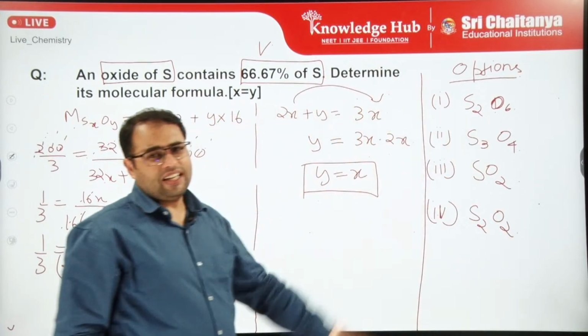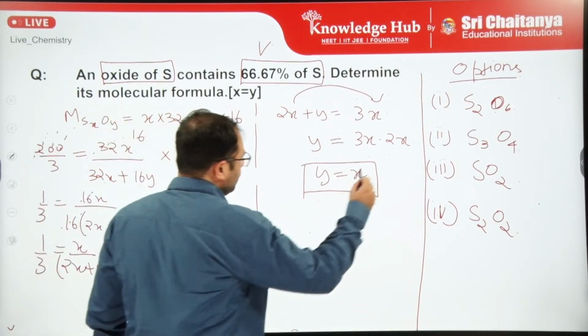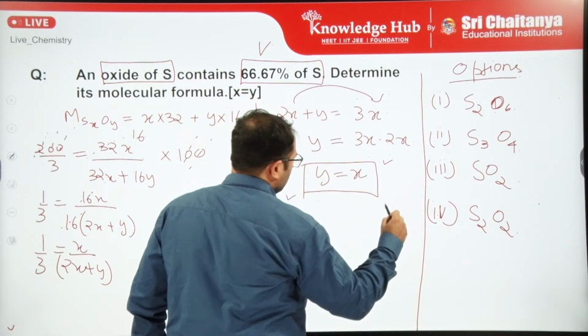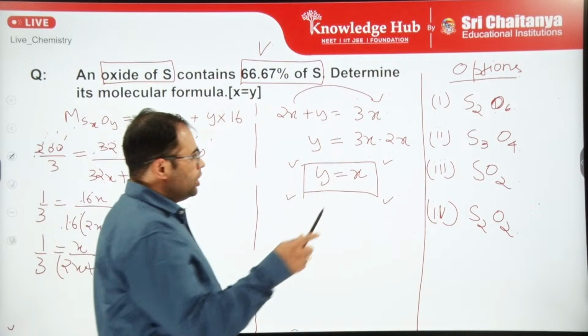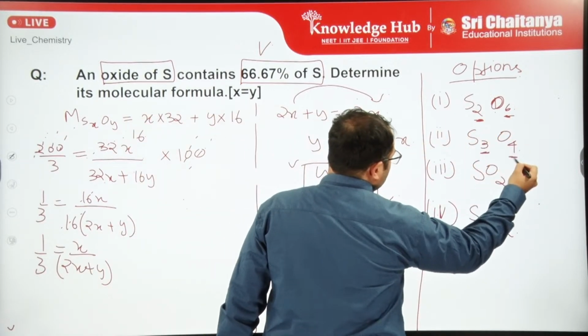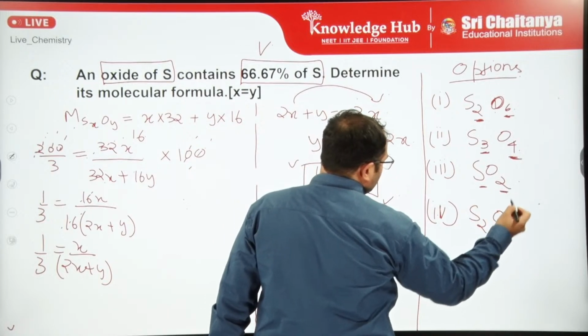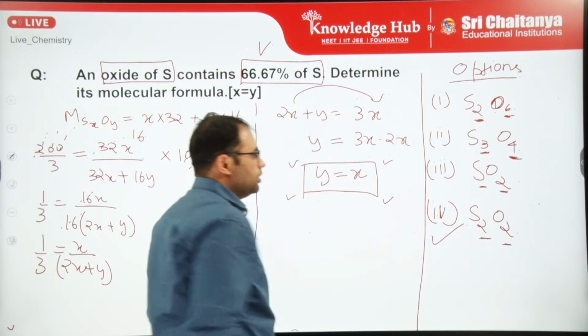If suppose these are the options given to you and through your problem solving you have been able to get a relation here that y will be equals to x. You can see in the first option 2 is not equals to 6, 3 is not equals to 4, 1 is not equals to 2, only here 2 is equals to 2. So this is the correct answer, right?